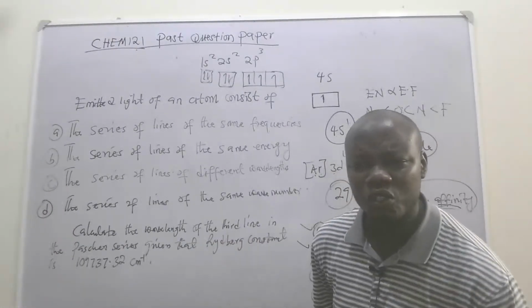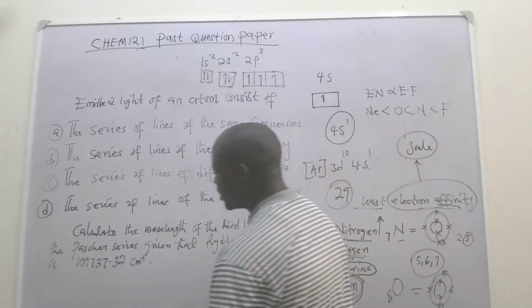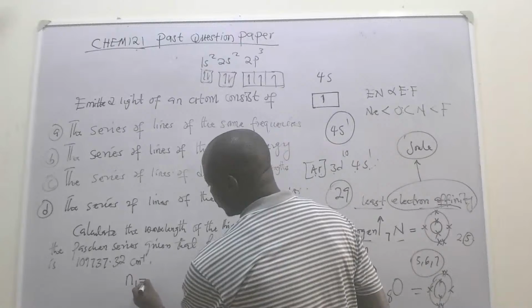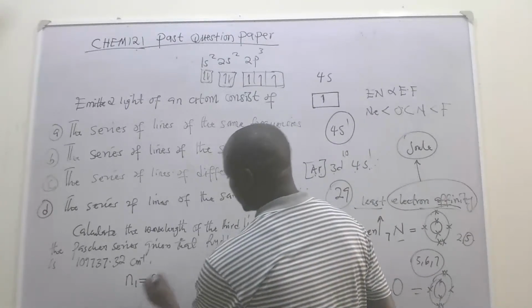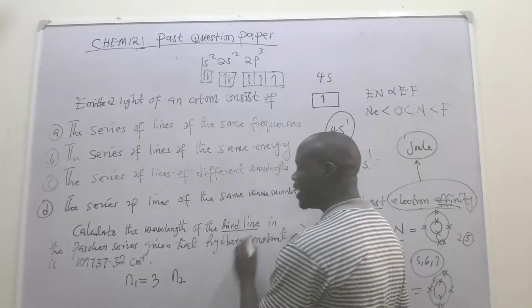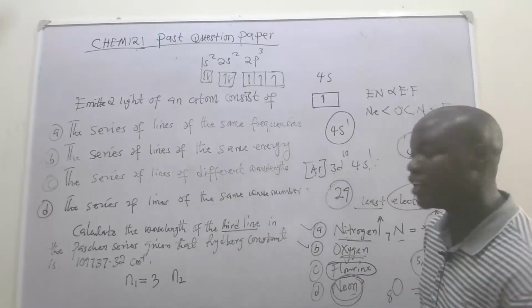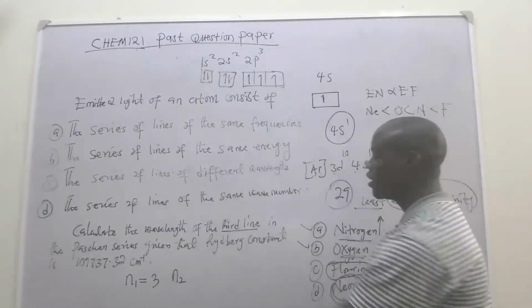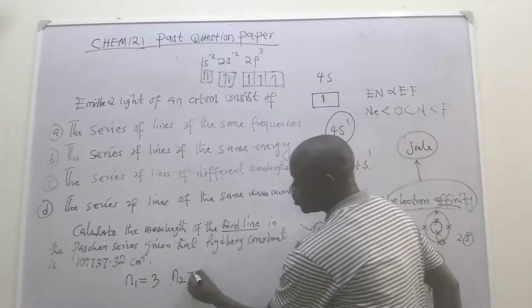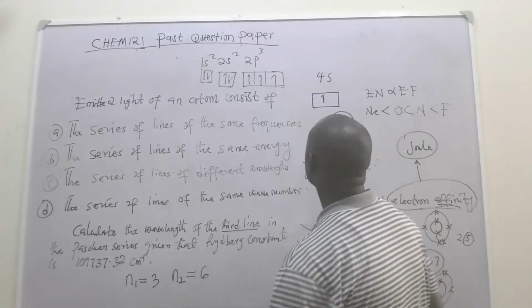Excellent. For the Paschen series, n1 is equal to 3. So what is going to be n2, because the question says the third line? The n2 is equal to 6.